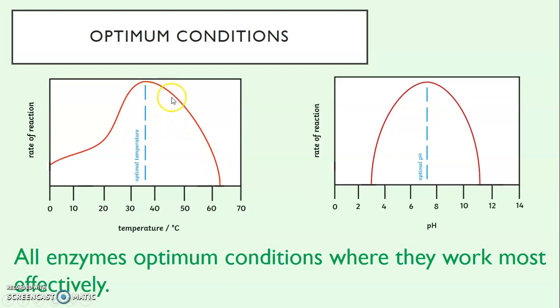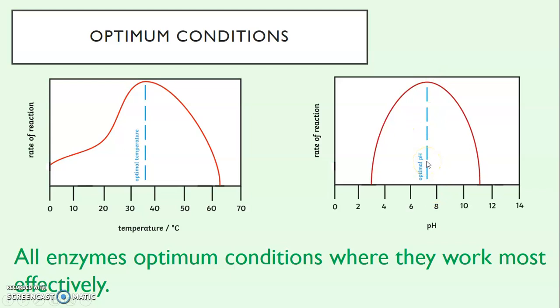And as this goes down, what is happening is that enzyme is being denatured. Exactly the same here for pH. Here the optimal pH for this one is just slightly bigger than 7, about 7.5. So again, you've got your reaction, your pH. Here at 3 and at 11, the enzyme is denatured. This 7.5 is the optimum pH.